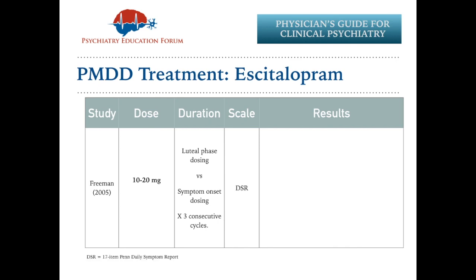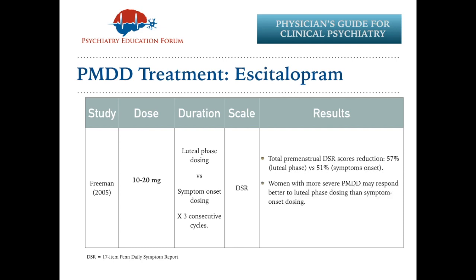Scale was 17-item Penn Daily Symptom Report, DSR. Well, they looked at the score reduction for this scale, premenstrual wise. So luteal phase dosing reduced symptoms by 57%, and symptom onset dosing had a 51% reduction in the score.